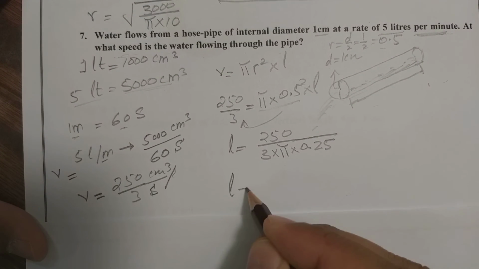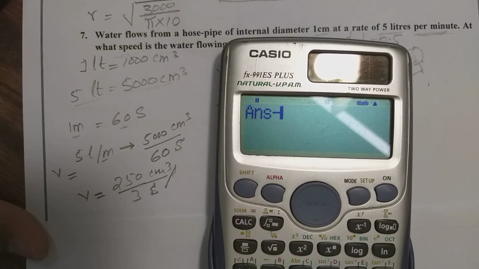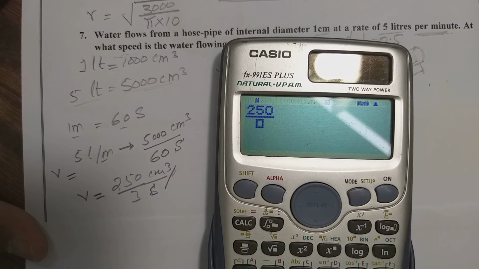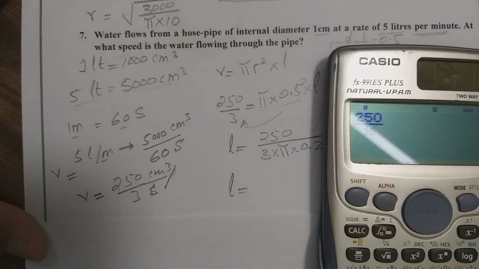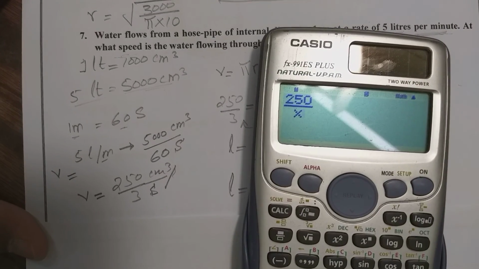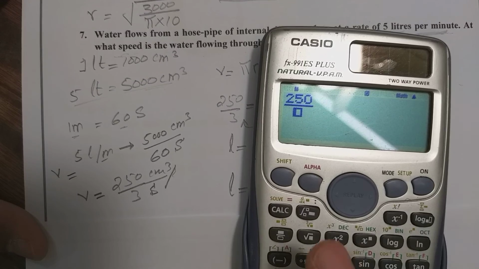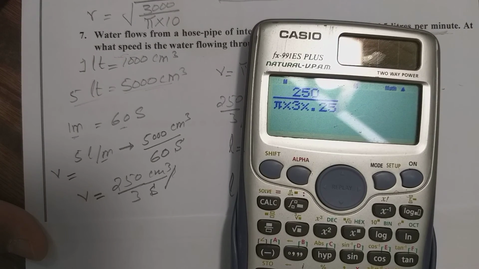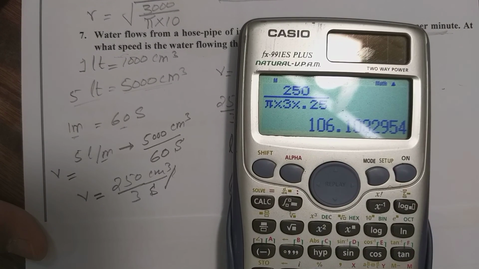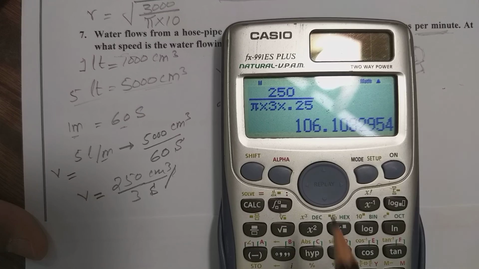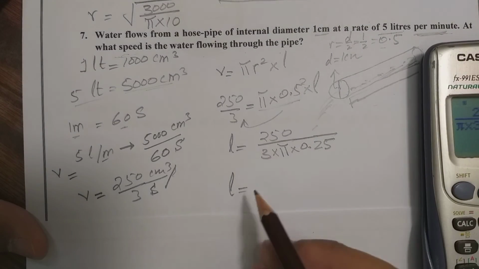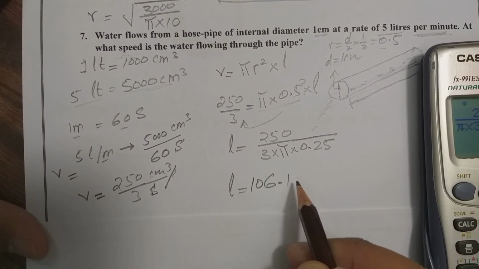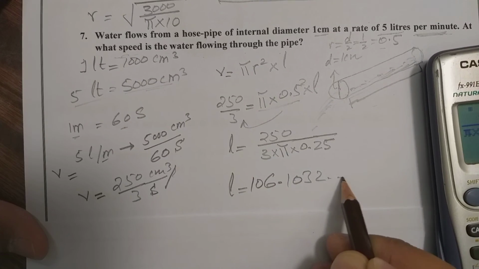So length equals 250 divided by pi times 3 times 0.25, which is 106.1032, and so on.